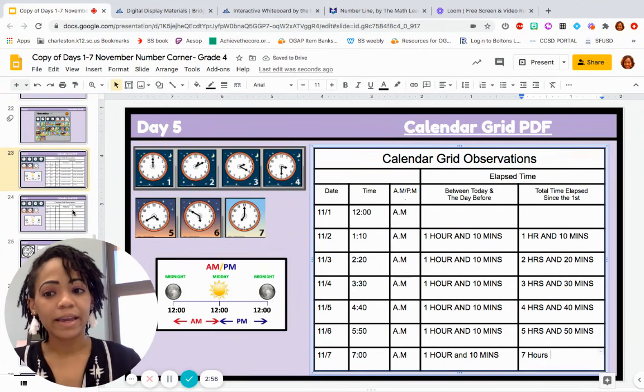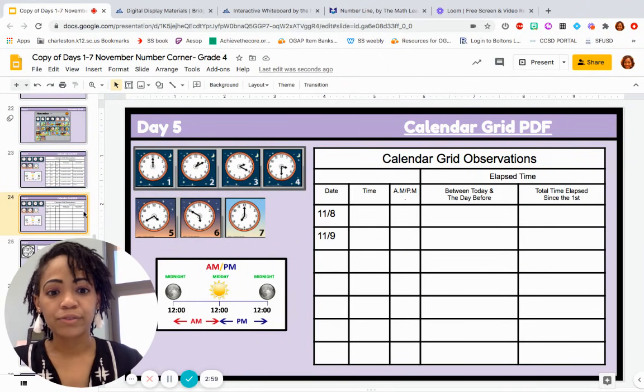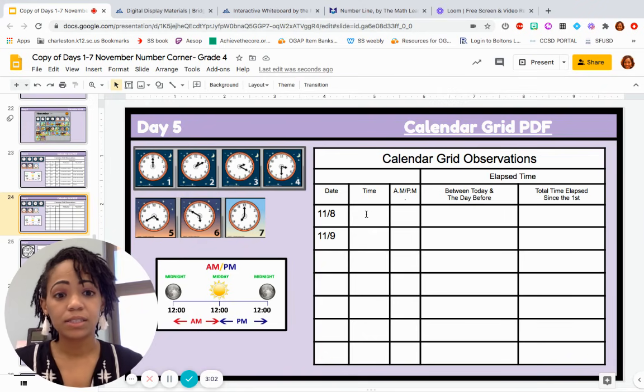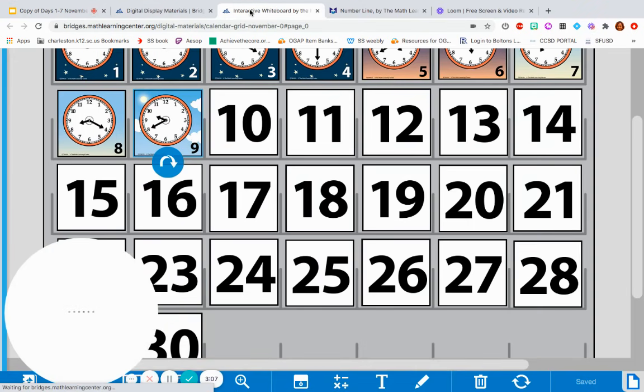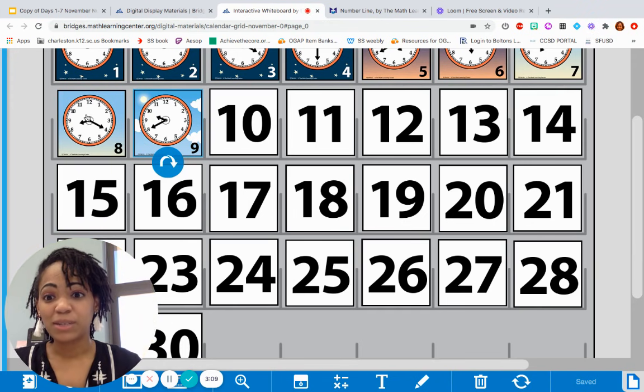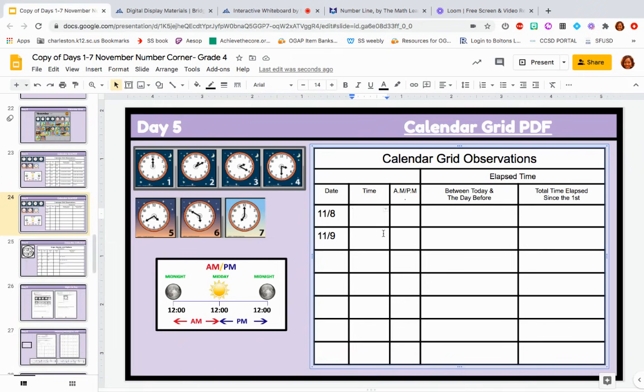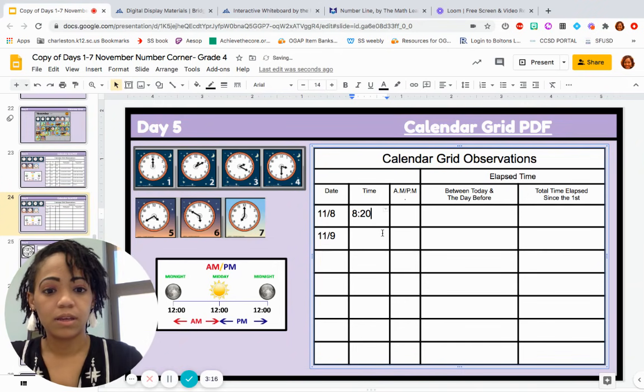But now we need to look at the calendar marker for Sunday, which was, let's go back and just double check. It was 8:20, and then we had 9:40, so let's fill that in. 8:20 and 9:40.